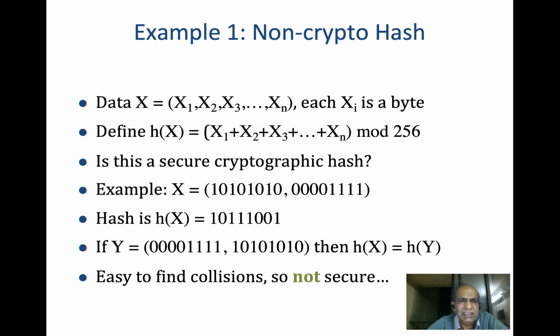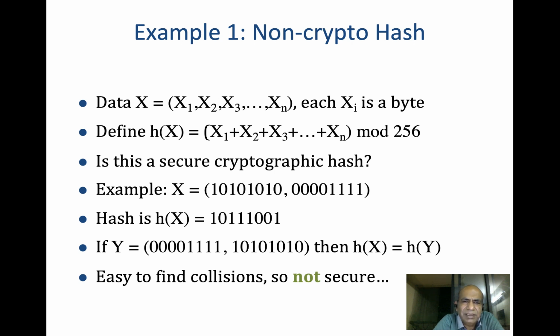Essentially it is n bytes long. Then we define h of x as x1 plus x2 plus x3 up to xn, mod 256. Just simply add them up and then take mod 256. The question is, is it a secure cryptographic hash?